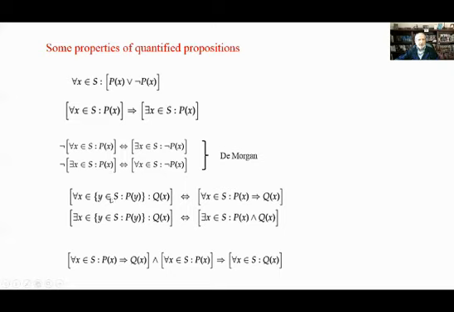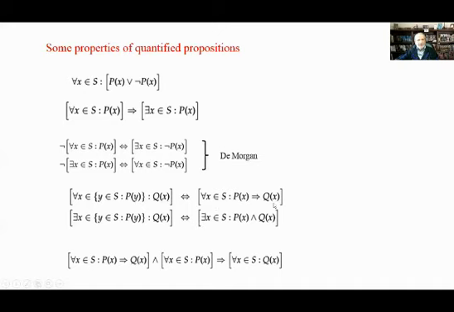These are other interesting properties. For any x in this set such that Qx, this is equivalent to for any x in S, Px implies Qx. So if Px is true, then Qx will be true.